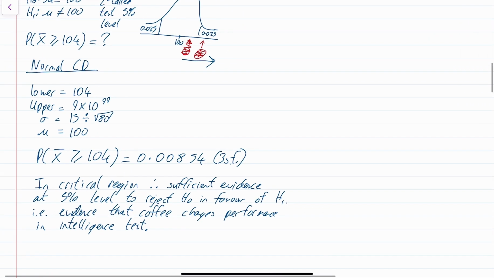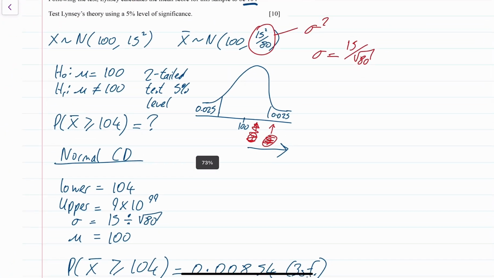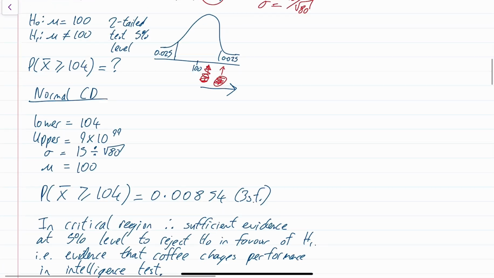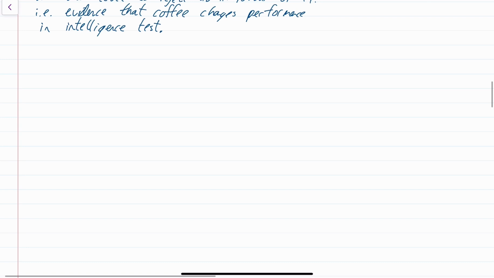And you do need to know both of these ways because sometimes it will ask you to find the critical values, the critical region, or whatever it happens to be. So we're going to do the same thing again. It was X bar was distributed N and then 115 squared over 80. I'm just going to write that all down again.